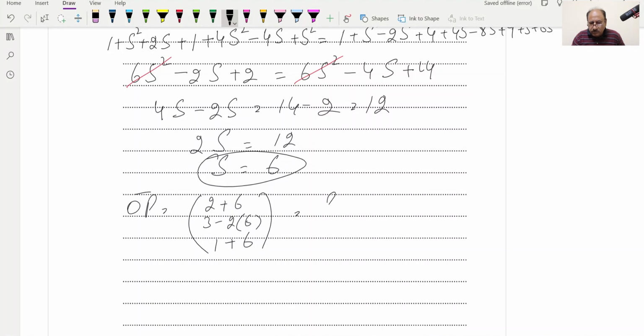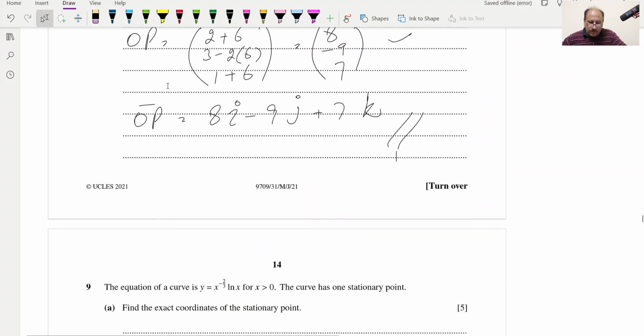This will be equal to 8, and 3 minus 12 will be minus 9, and 6 plus 1 will be 7. This can be the answer, or we can write in ijk format, so 8i minus 9j plus 7k. This will be the final answer which we are done with.